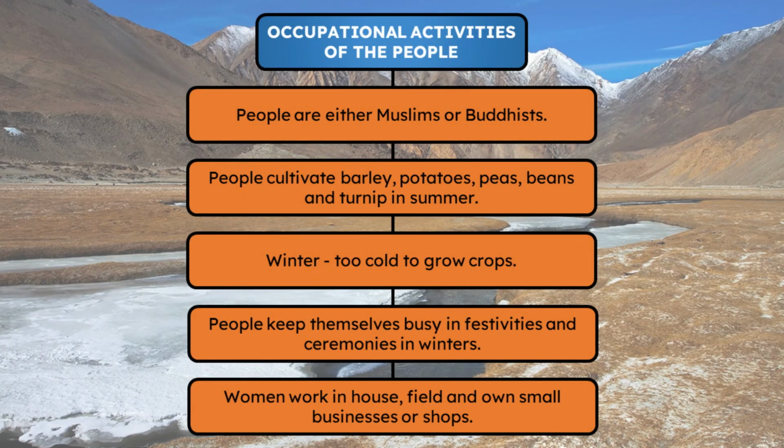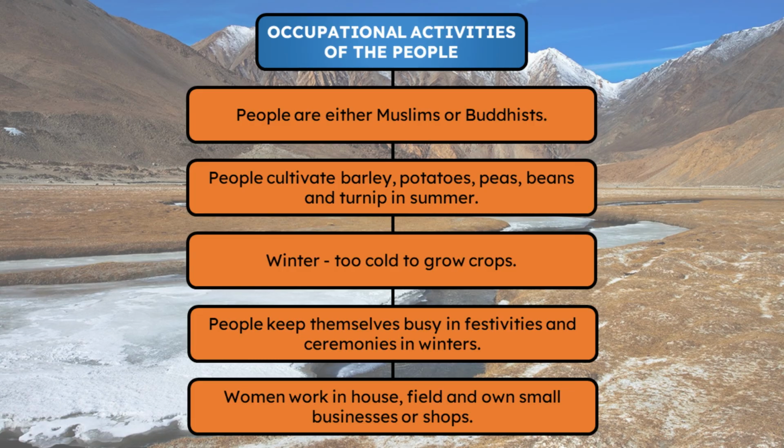The people of Ladakh will usually resemble the inhabitants of Tibet and Central Asia, and most of the people here are either Muslims or Buddhists. The people cultivate barley, potatoes, peas, beans, and turnip in summer, and in winter it would be too cold.